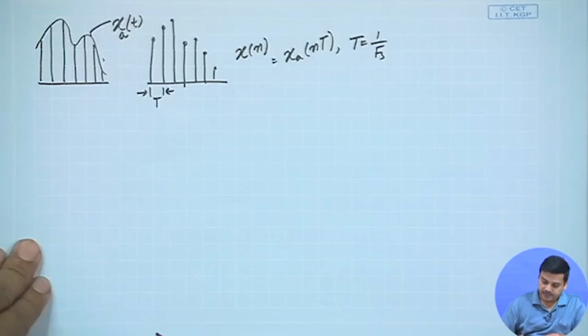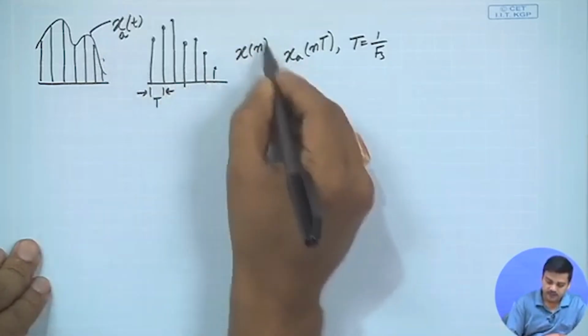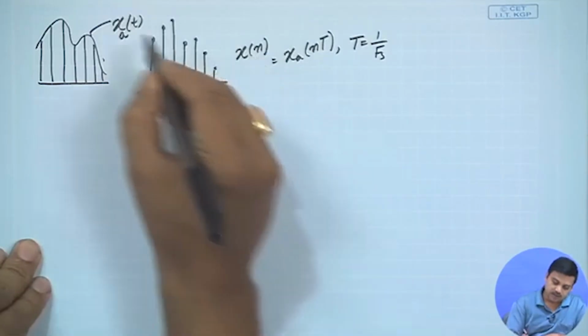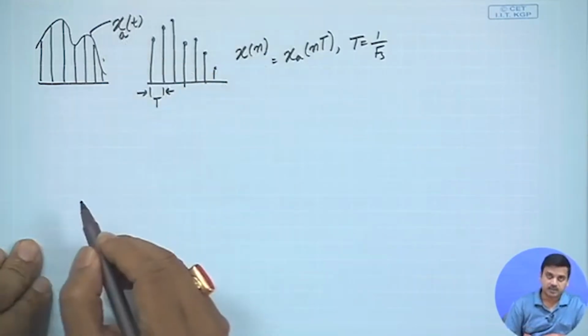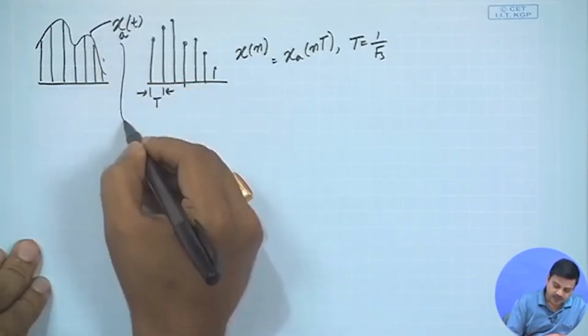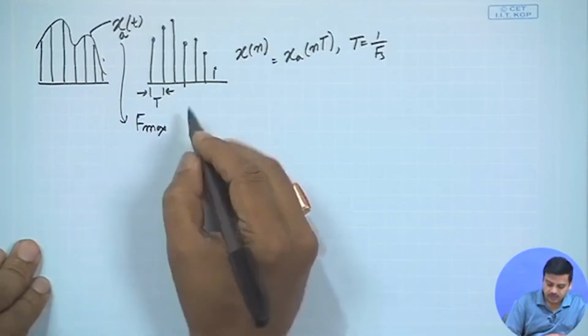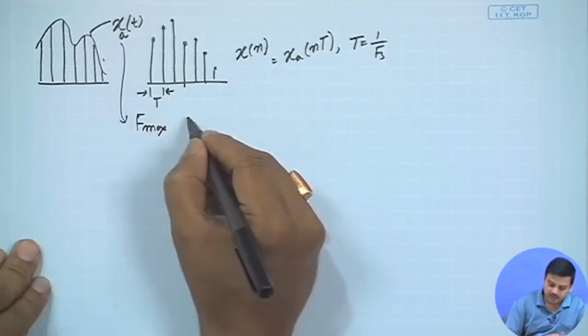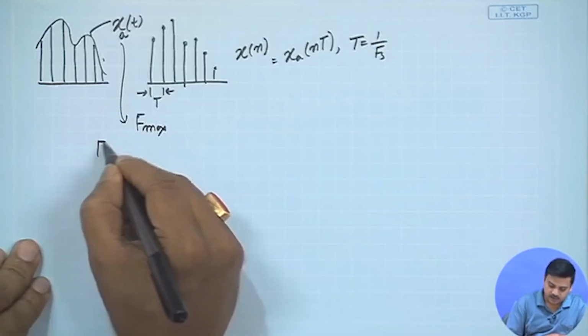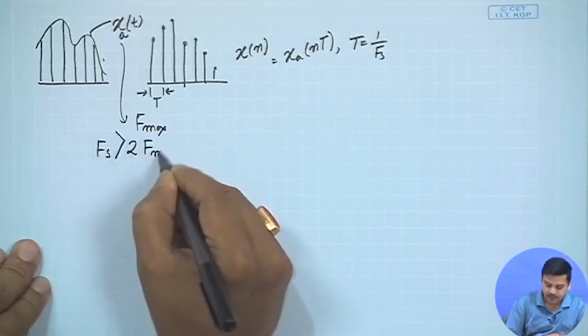And we also said that the relationship, or how do you provide this sequence, which is a unique sequence, so that you can reconstruct x t, is governed by the sampling theorem, which says that if this x a of t has f max as the maximum frequency, then f s must be greater than 2 times f max.